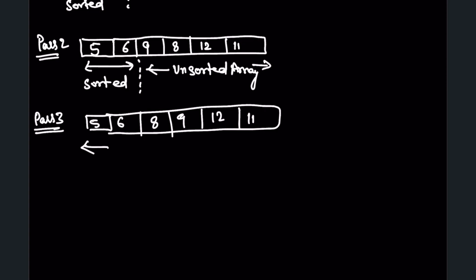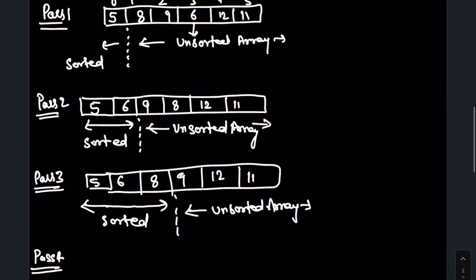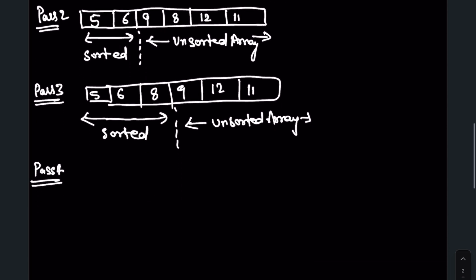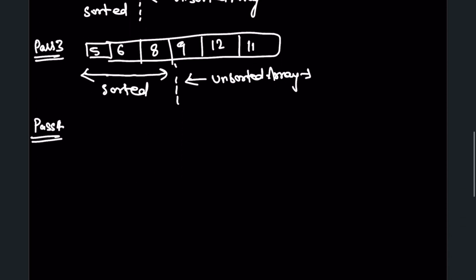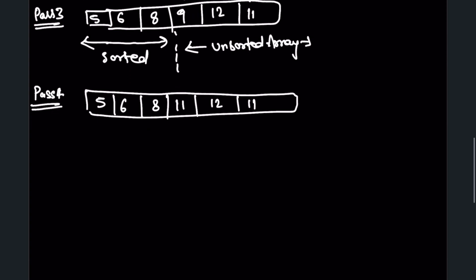So now we have 3 elements as sorted in our third pass. Again we have an unsorted array. We will apply the same steps as we did from pass number 1 to 3 until the whole array is converted to a sorted array.